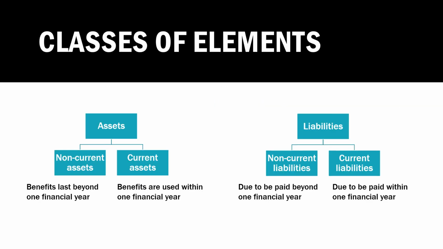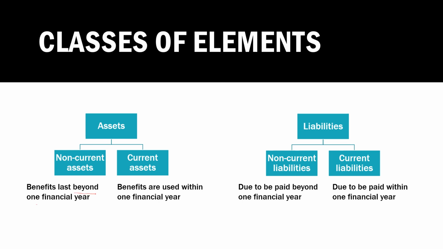Now just to go a little further, there are 2 out of the 5 elements that can be broken down into further classification. So for assets and liabilities, you can classify them further into non-current assets and current assets, non-current liabilities and current liabilities. What does it mean for now? Non-current assets are basically resources that last beyond one financial year.